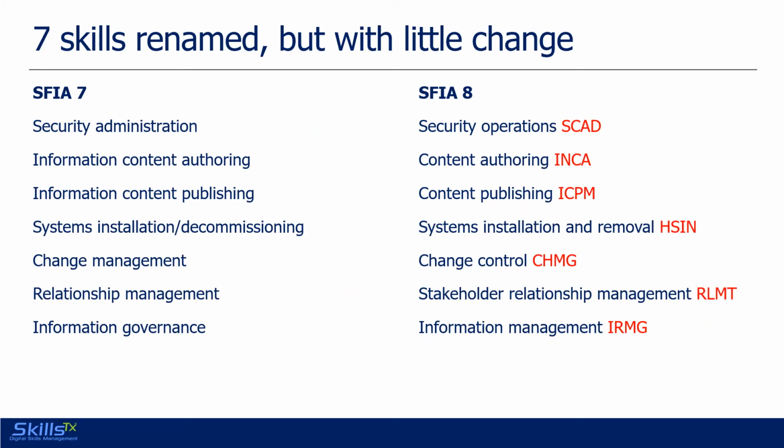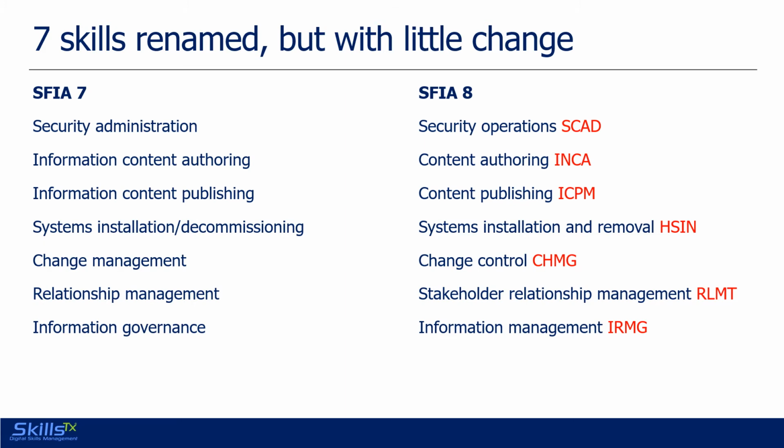We have 7 skills that have been renamed, but with very little change to the content. So it's mostly just the name that's changed, a little bit of tidying up, and of course the structural change that we talked about. So security administration becomes security operations. The 4-letter code stays the same for each of these, so it's still SCAD for security operations. Information content authoring becomes content authoring.